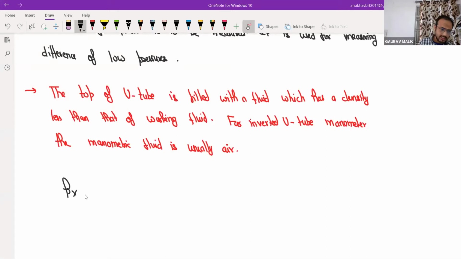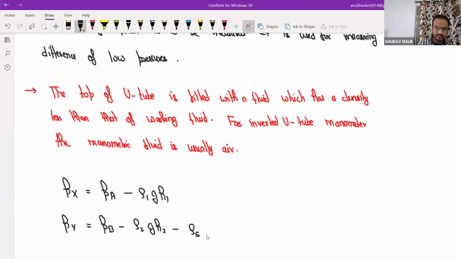So Px is equal to PA, going in the upward direction, assume density ρ1, minus ρ1 g H1. Then Py is again PB minus ρ2 g H2 minus ρ S g H.